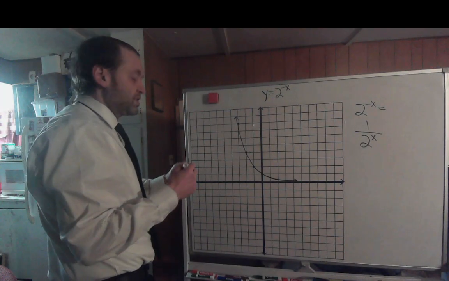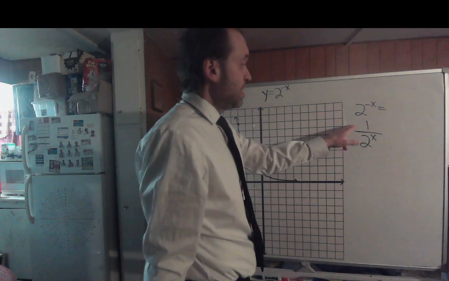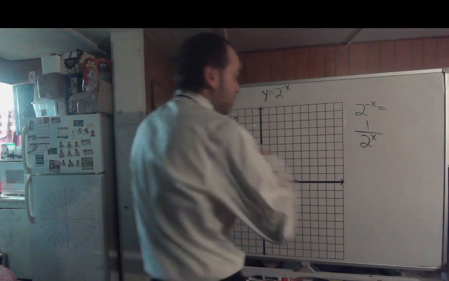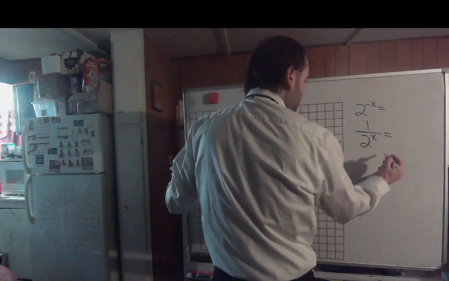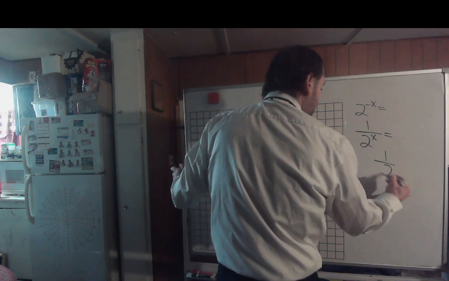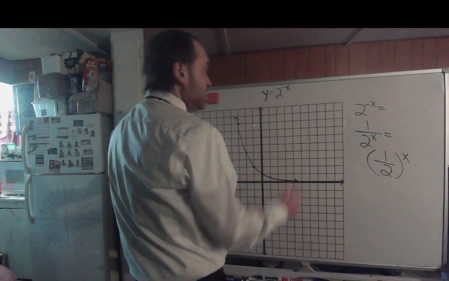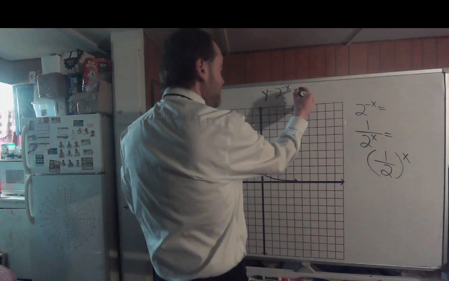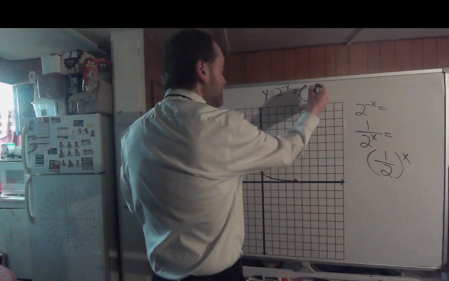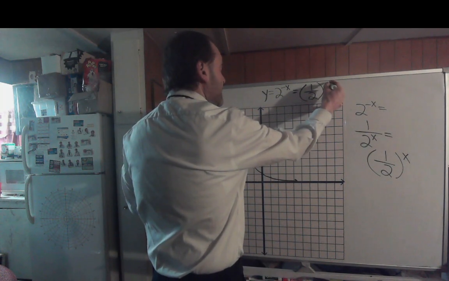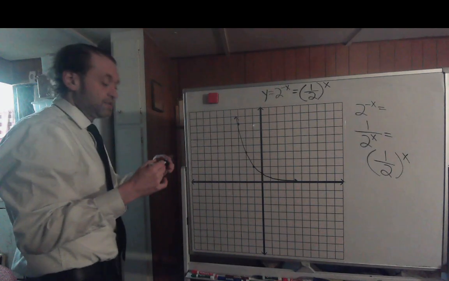Well, here's the thing also. 1 to any power is 1, right? Any power. So this can actually be rewritten as 1/2 to the x power. So this y equals 2 to the negative x is going to be the exact same as that 1/2 to the x power, to the positive x.